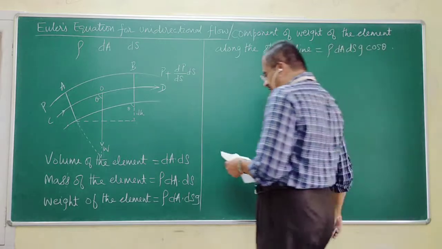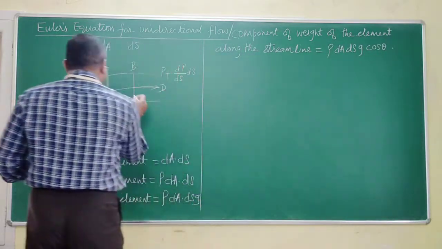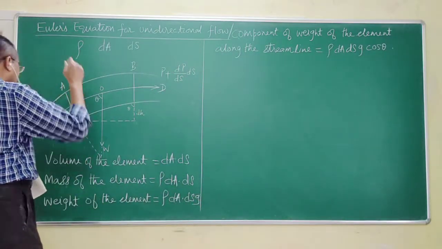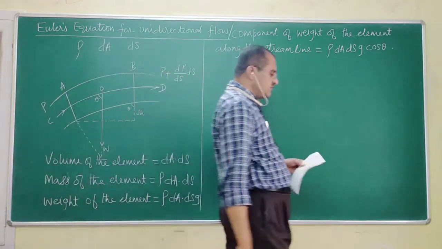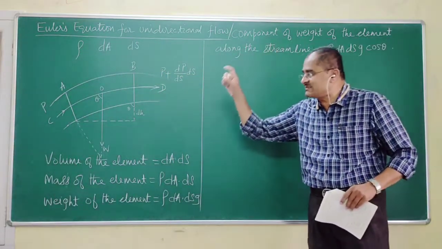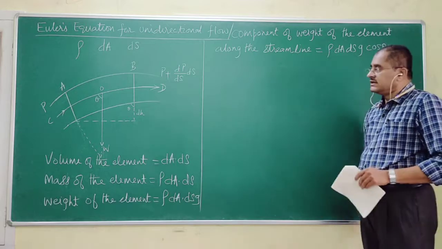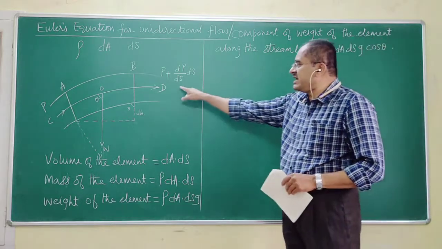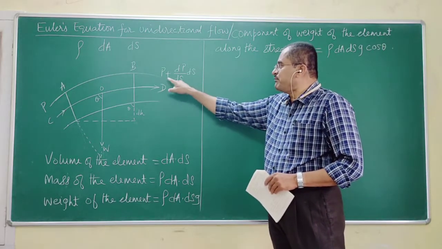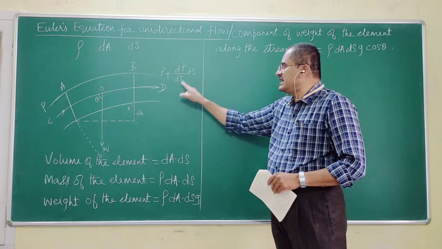Now, as I have already written here, the pressure of the liquid at A I have taken as P, and the pressure at B I have taken as P plus dP by ds into ds.